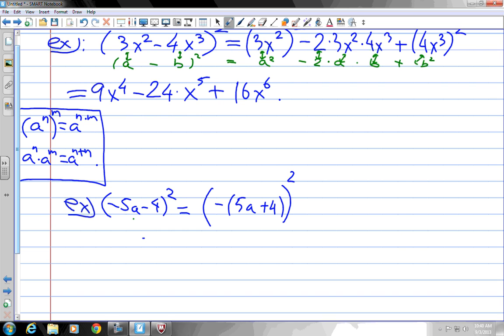But look what happens. Now, what is the square going to do with that minus? Get rid of it. So the whole thing becomes 5a plus 4, squared. Well, that's a lot easier to do. Easier just to go with 25 and 16.